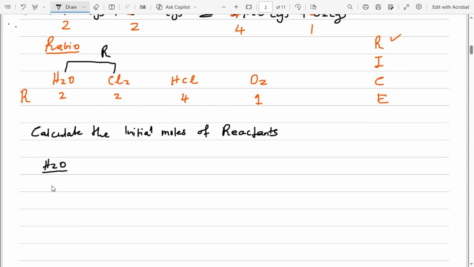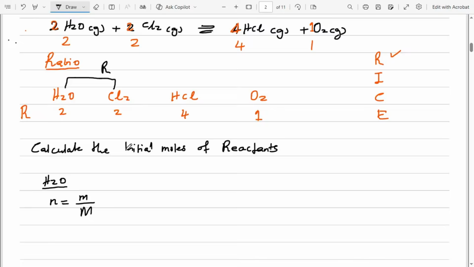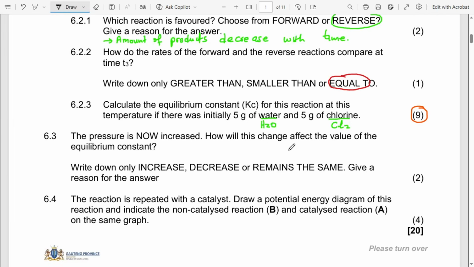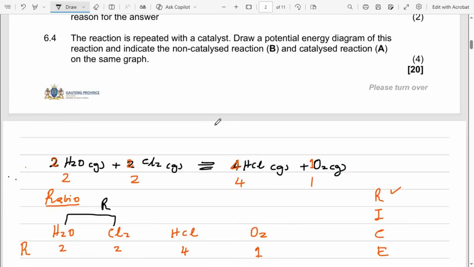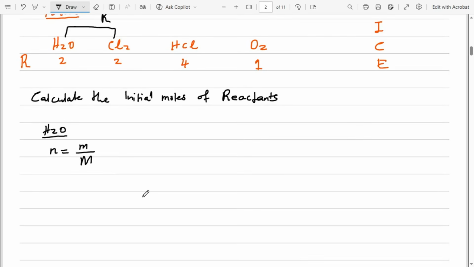The formula that we're going to use is n equals the mass over the molar mass. Okay, the mass over the molar mass. And initially from the statement, we're given the mass of water as 5 and also the mass of chlorine as 5. We just have to use the periodic table to calculate the molar mass.